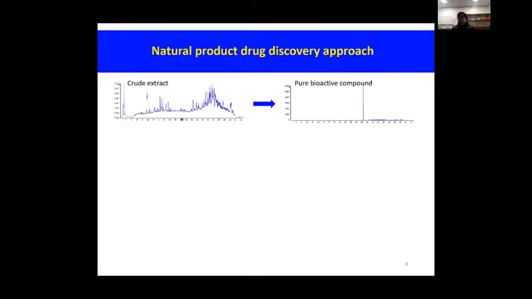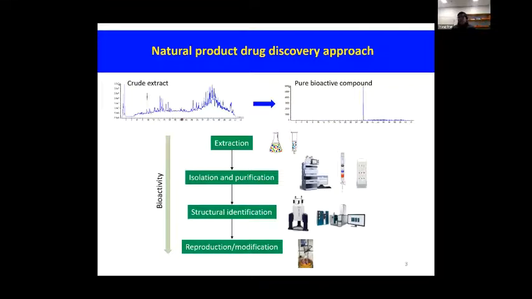So we have a strategy. This flowchart will give you the general idea of how we identify the compounds and also how we modify them to increase the potency of the active compounds. Firstly, we have to extract the whole metabolites from the plant tissue.